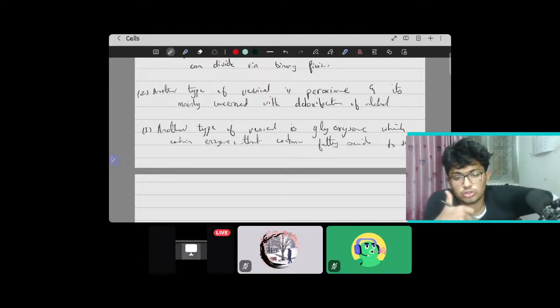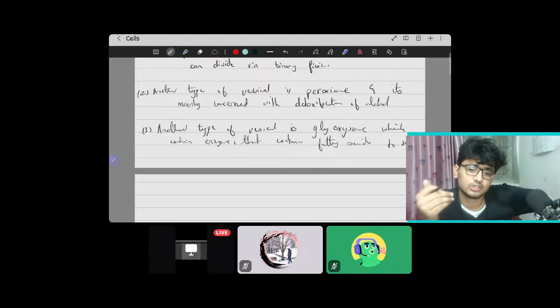So glyoxysome is another kind of vesicle, which is obviously formed from the Golgi body, using the pathway that I told you. And it also contains enzymes which are used in the conversion of fatty acids into sugar.